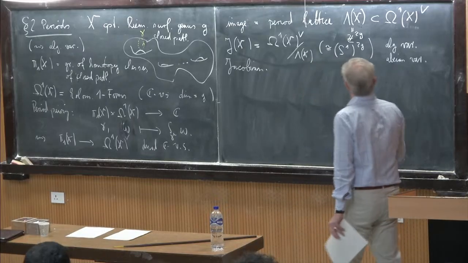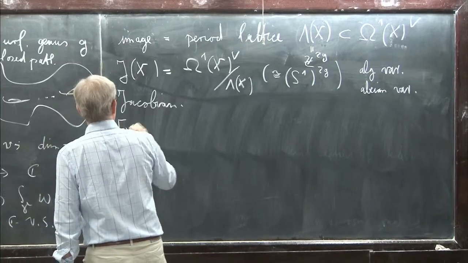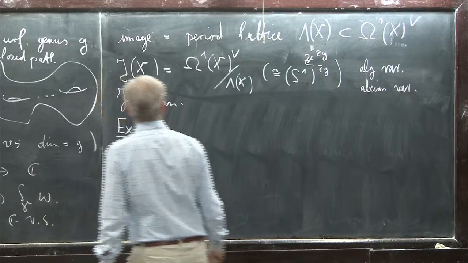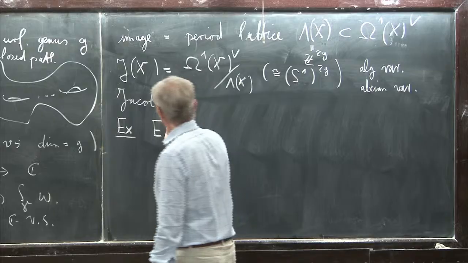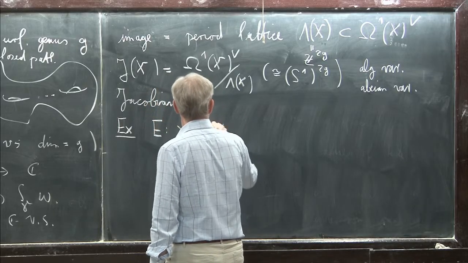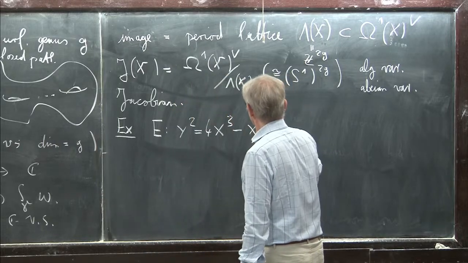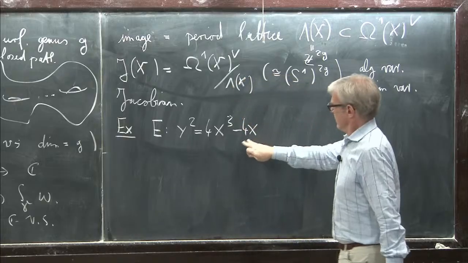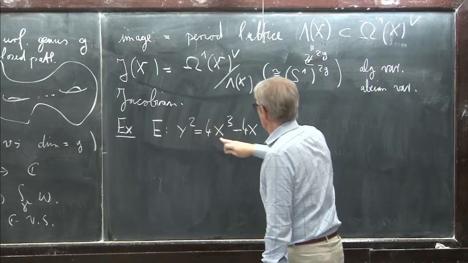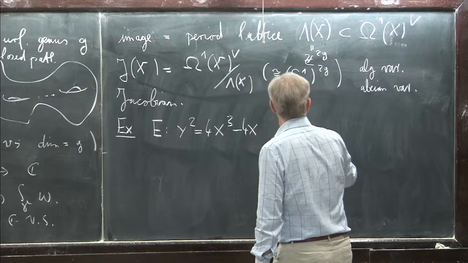Okay, let me give an example here, which is somehow related to the introduction. So let's consider E, and this is defined by the following algebraic equation: y squared equals 4 times x to the 3 minus 4x. This is an algebraic polynomial in two variables, and it's a single equation. So this gives an algebraic variety.